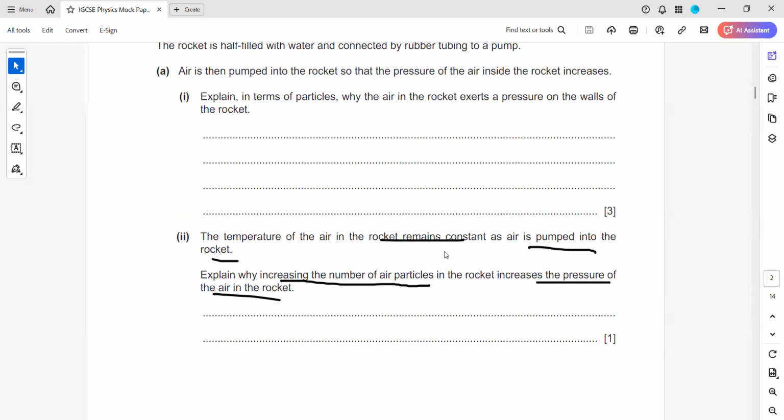As we increase the number of the particles, more particles are there, so they will have more frequent collisions, or more collisions in unit time. That's why the pressure will increase. So more particles leads to more collisions per unit time.